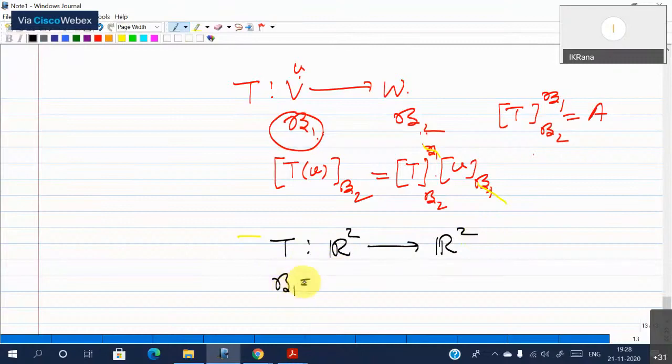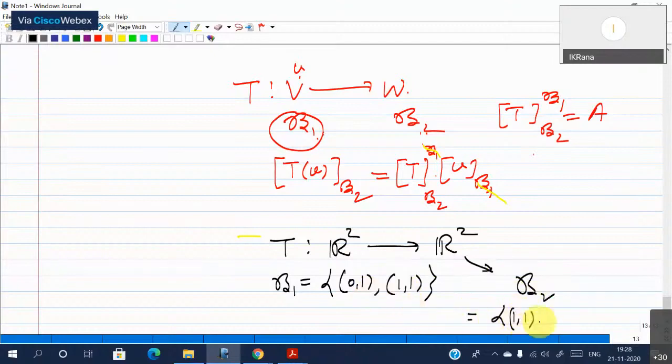Here the basis B1, I will give you (0, 1) and the other basis element I can give you is (1, 1). That is B1. And let us write B2, a basis on R2 again, which is equal to, I interchange the two, (1, 1) or change the order now, and (0, 1).